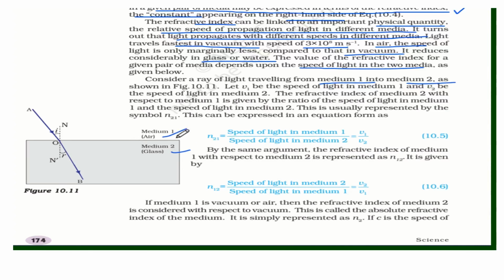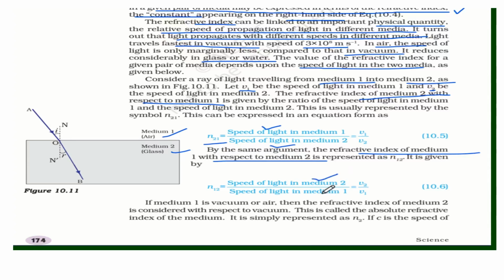The refractive index of medium 2 with respect to 1, denoted by n21, is equal to the speed of light in medium 1 to the speed of light in medium 2. Similarly, the refractive index of medium 1 with respect to medium 2 is equal to the speed of light in medium 2 to the speed of light in medium 1.